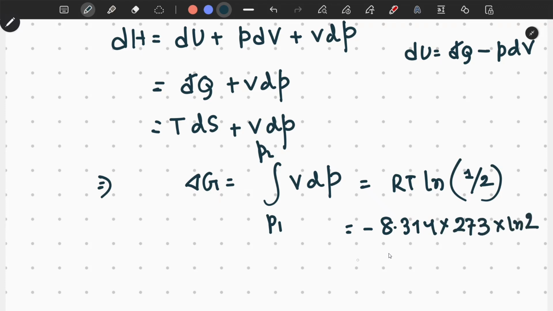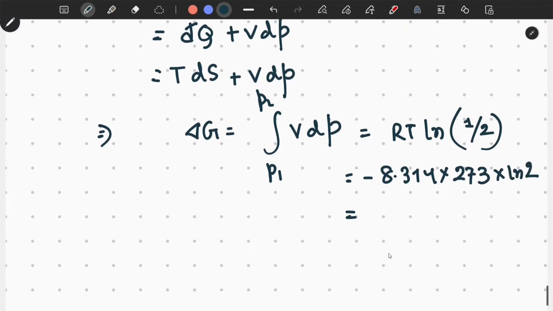And what is the answer? Minus 3146.5 joule. Yes, so this is negative, so it's spontaneous.